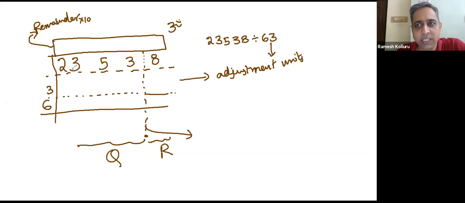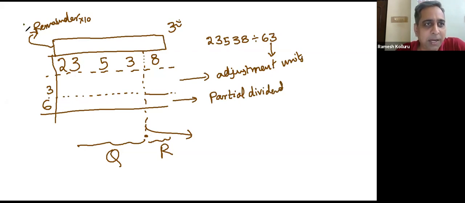This is the partial dividend line, you can note it down, and this is the partial remainder. The partial remainder will be adjusted here. One digit we leave for this, and this is the adjustment for the digits other than the partial divisor 6 that we are using.